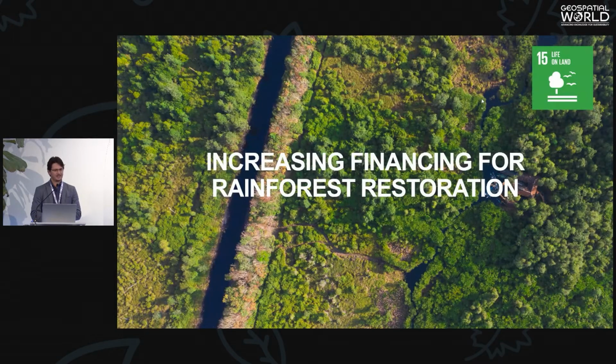The first use case is increasing finance for rainforest restoration. The image that you see in the picture there is drone footage of a project that we've been undertaking in Indonesian Borneo. What you see here is a canal running through a deforested area of the Borneo rainforest.